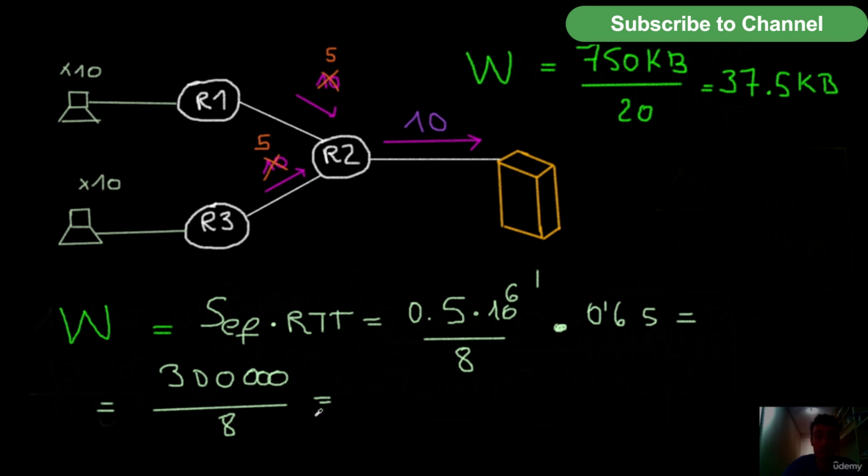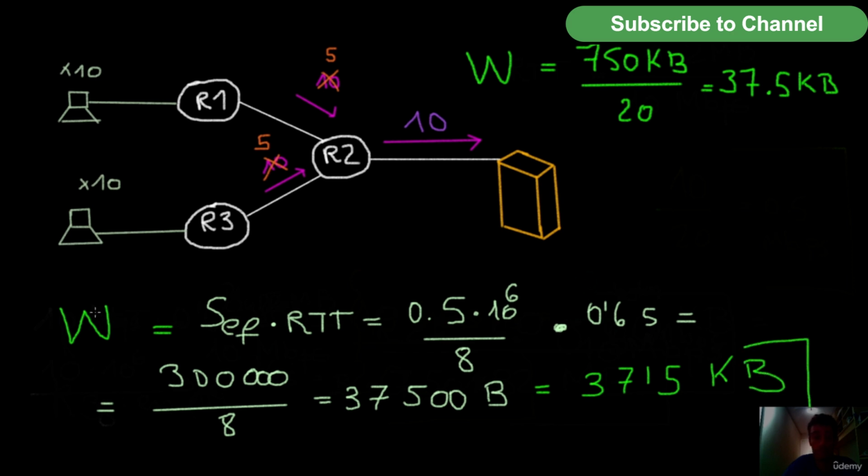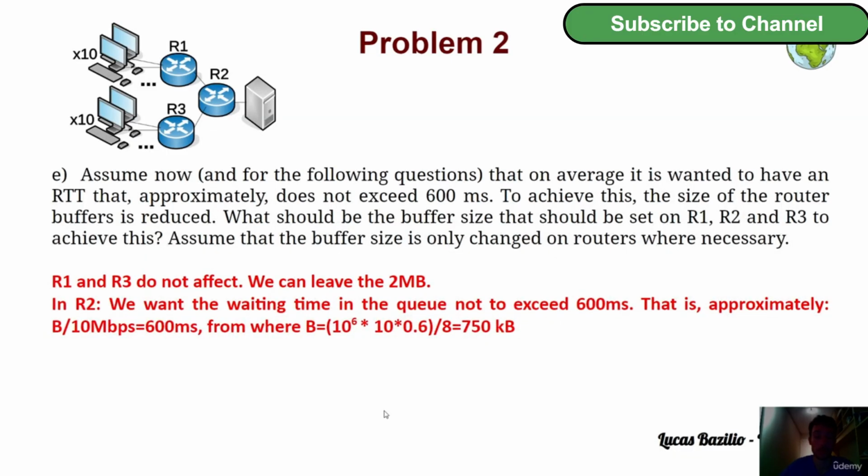The value is 37,500 bytes. If we transform this to kilobytes, we have precisely what we calculated initially: 37.5 kilobytes. This is the value that will be on average the window that each TCP connection will use, under the new assumption that we made on question E.